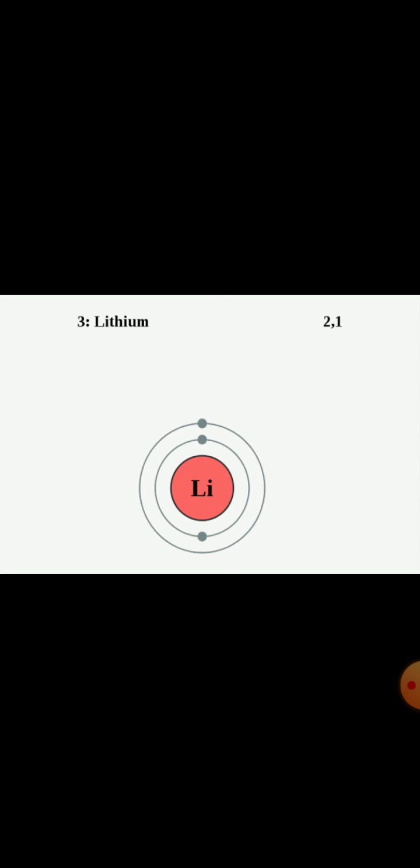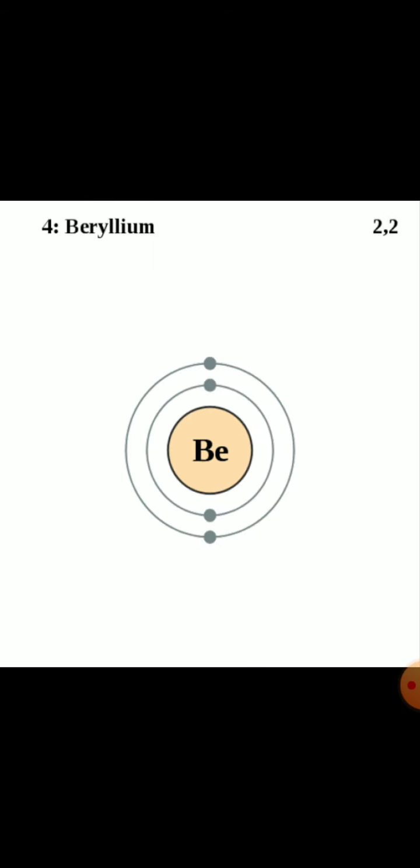What is the number of outermost electrons for lithium? 1 valence electron. The next is beryllium. How many valence electrons does it have? 2, right? In the first orbit already 2 are there, in the second orbit again 2 are there. So 2 valence electrons for beryllium.